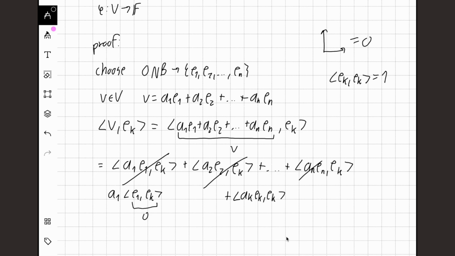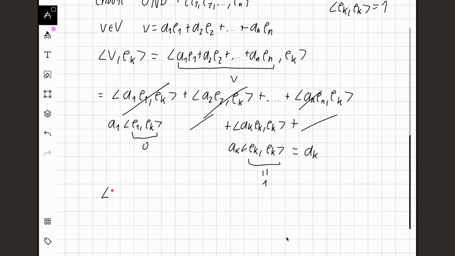We take ak out, and this inner product is 1, so this whole thing equals ak. So if we take the inner product of our vector v with one of the orthonormal basis vectors ek, we get just ak, the scalar coefficient in front of the kth orthonormal basis vector.